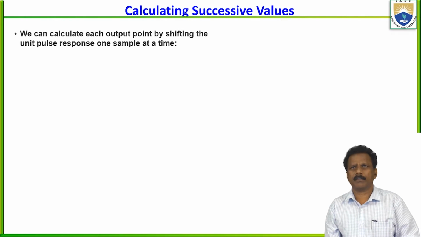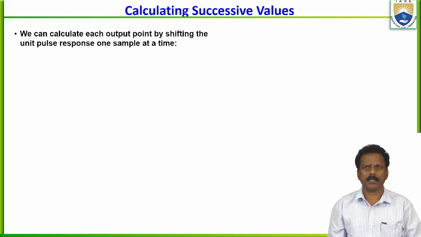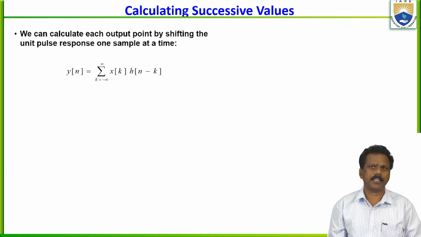Look at this. We can calculate each output point by shifting the unit pulse response one sample at a time. Here y of n is equal to the summation from k equals minus infinity to plus infinity of x of k times h of n minus k. So go on substituting all the values of n and k.